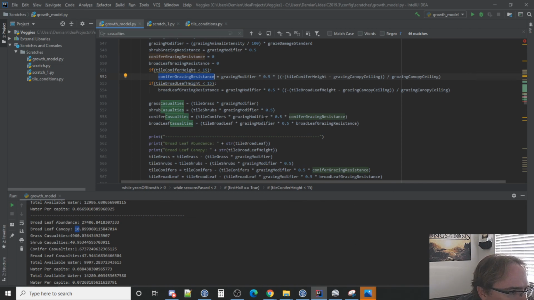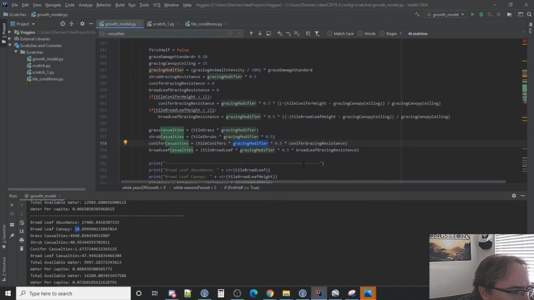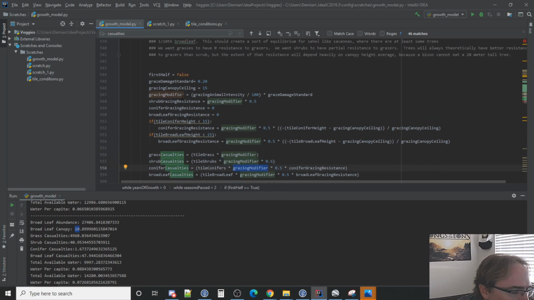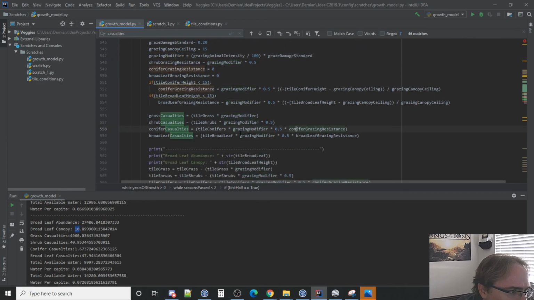I apply the resistance twice. See, I'm double. This doesn't need to be here. Right, because the grazing modifier, okay, so I'm cutting down on it twice. Okay. This is all we really need.